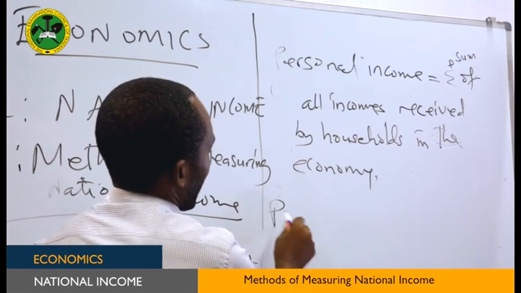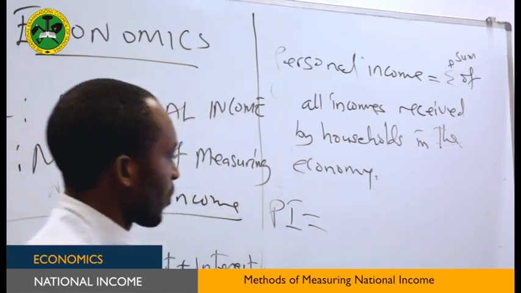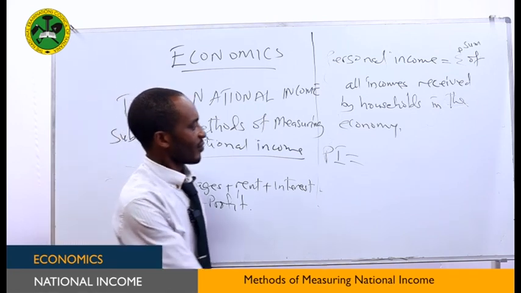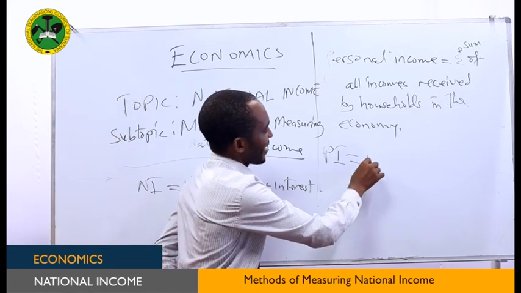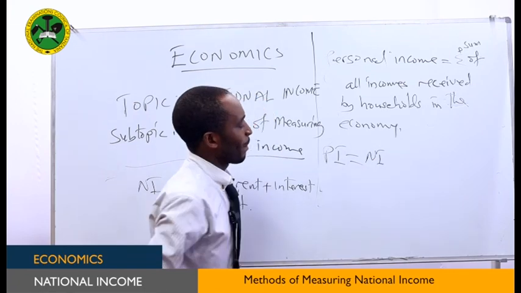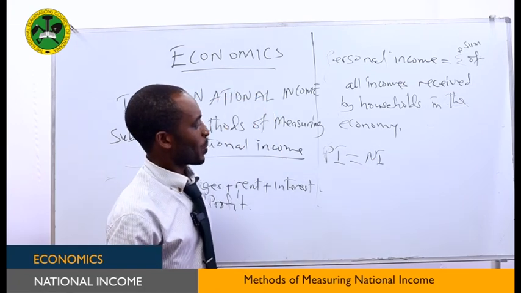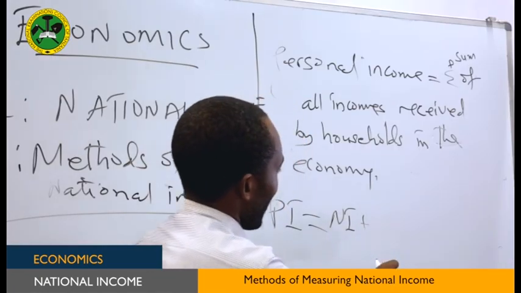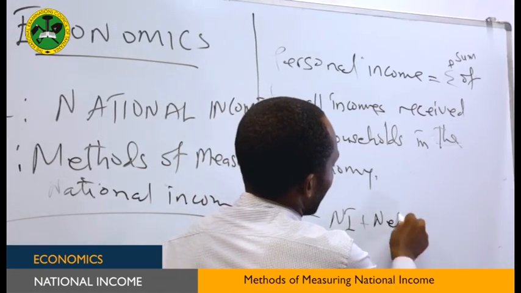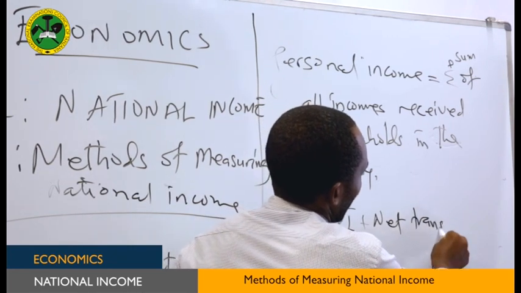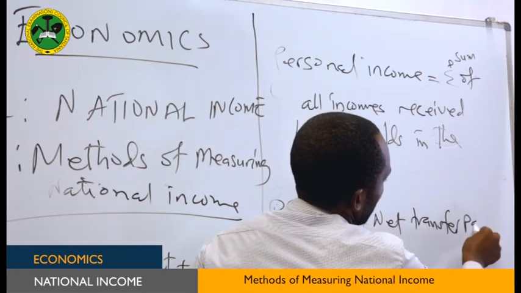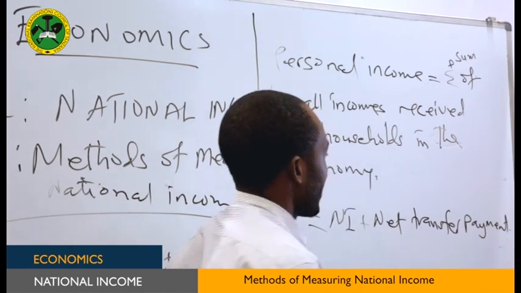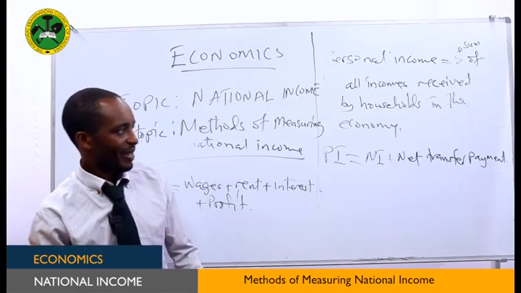So personal income will be equal to national income plus net transfer payments.